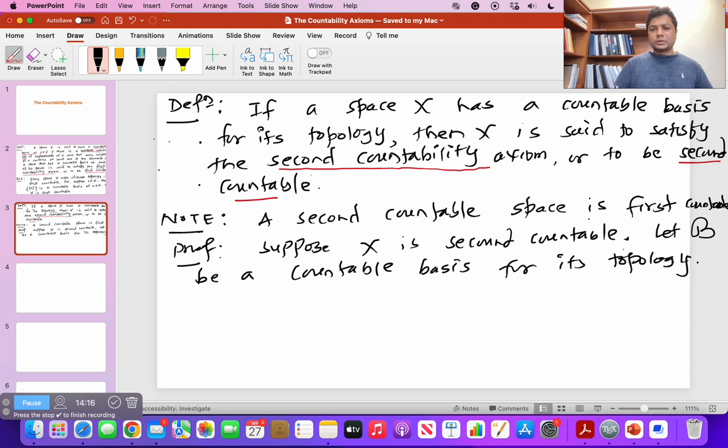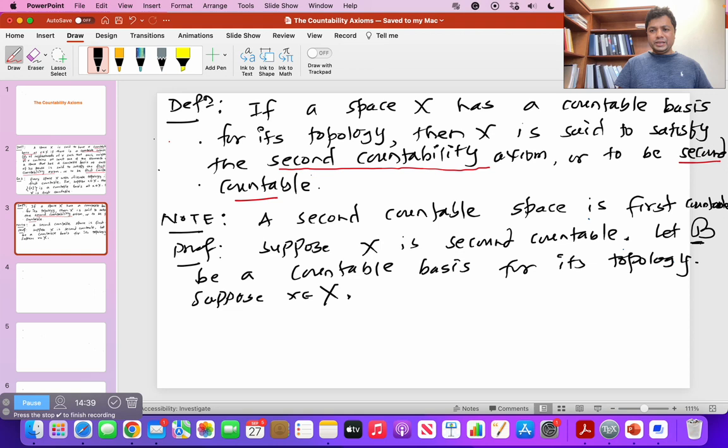Since we want to show that X is first countable, that means we have to have a countable basis for each point in X. So suppose x is an arbitrary point in X, or x is an arbitrary element in the topological space X.